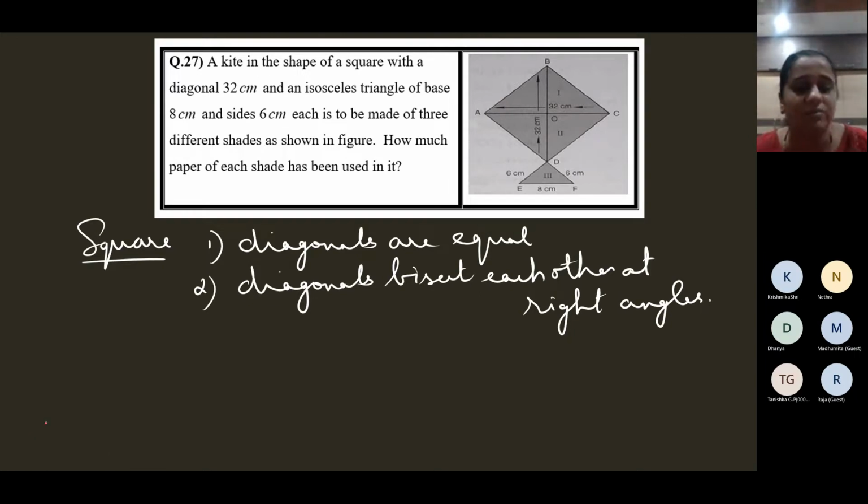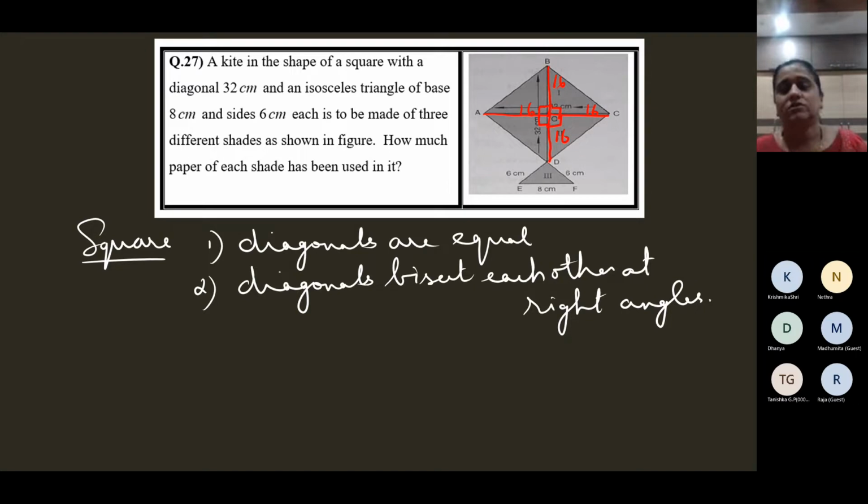So how do we apply this property here? This one will be 16, this is 16, this is 16, this is 16. Am I right, children? Yes, ma'am. Everywhere it's 90 degrees.